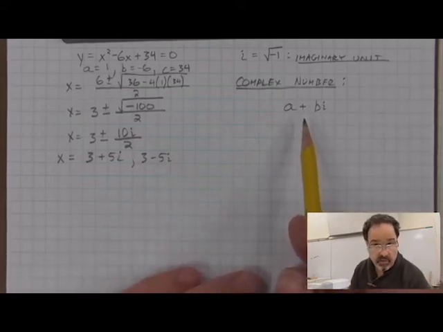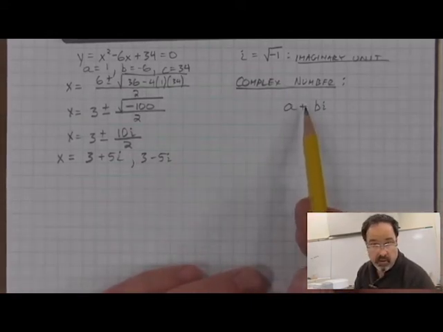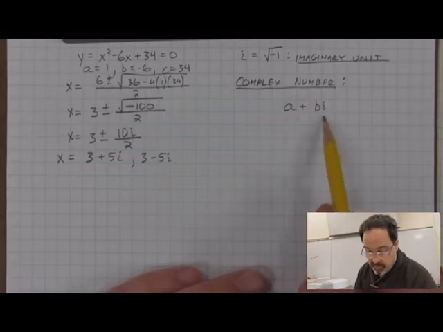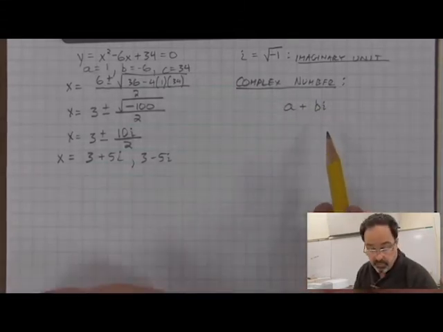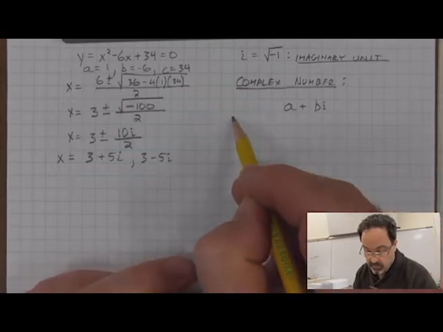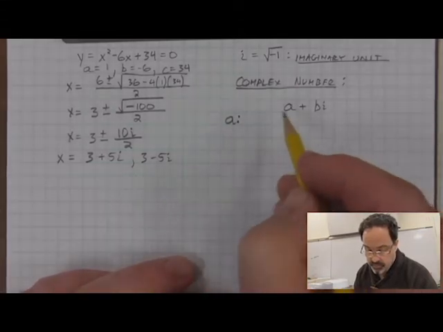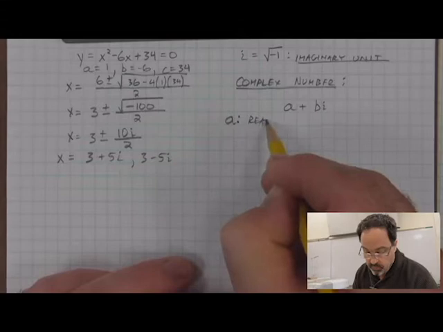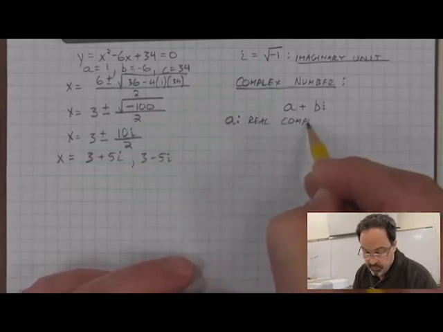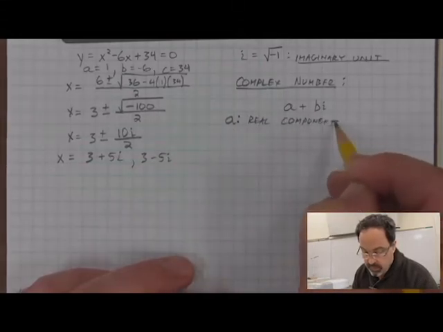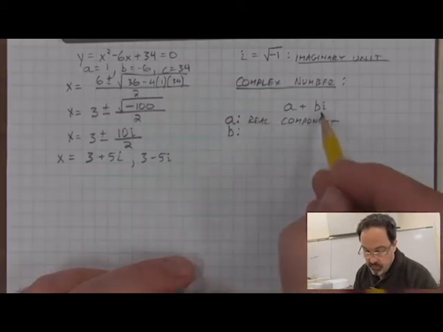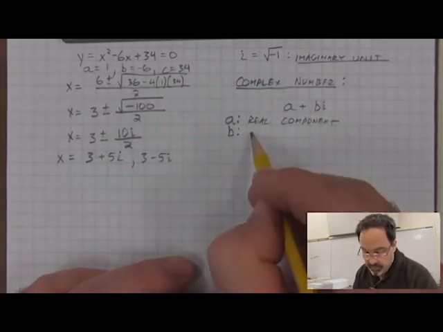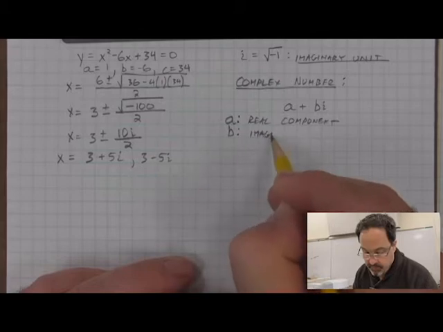A complex number is a single value, but it must be expressed as the sum of 2 components, because we are distinguishing between a, the real component, and the part that includes the imaginary unit, we call b, the imaginary component.